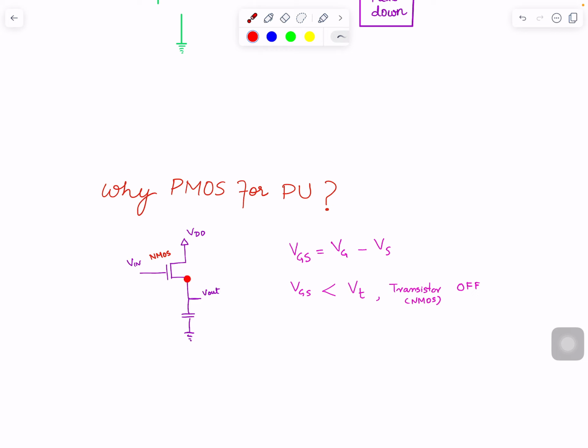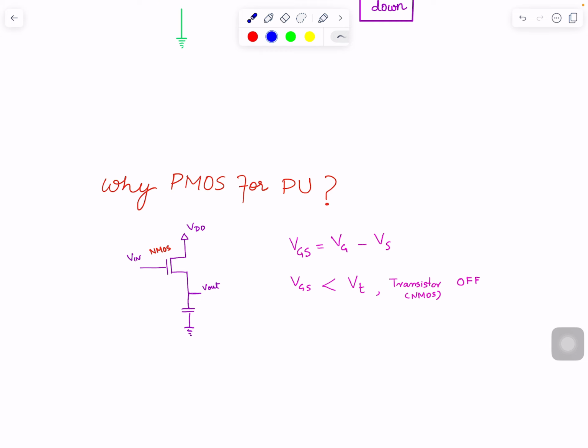But this point here, the maximum voltage it can go to is VDD minus the threshold voltage of NMOS. So this point, the maximum voltage it can attain is VDD minus VTN.